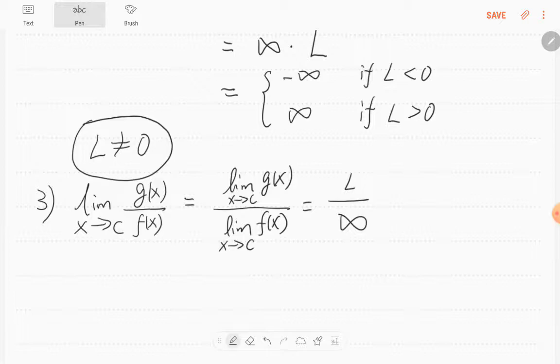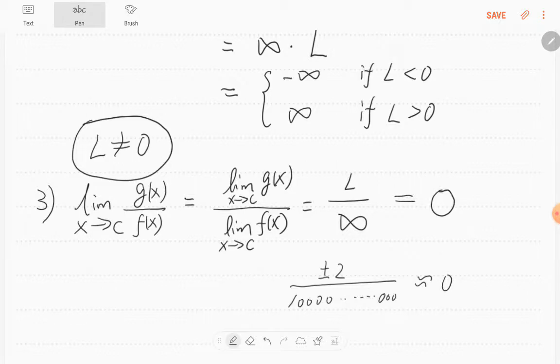For example, if you have plus or minus 2 over a very large number, 1 followed by many zeros, it's a really large number, right? It will get very close to 0 at last, so this would be 0. So a fixed number over infinity is 0.